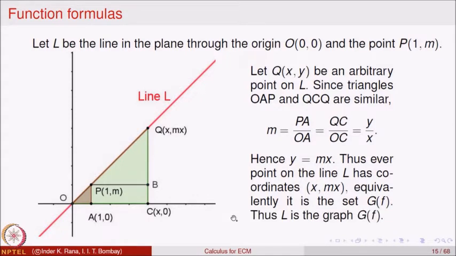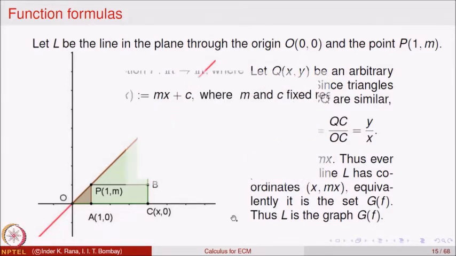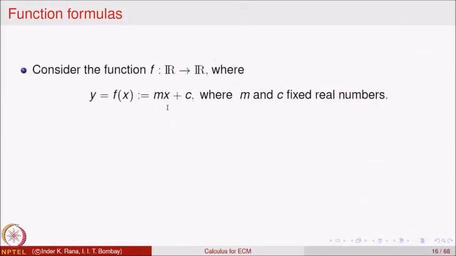We can go slightly ahead and look at the function which is given by y equal to mx plus c. So, if we compare it with the previous function, this is just y equal to mx plus c. So, that means what? For every value of x, whatever was mx, c is added to it.